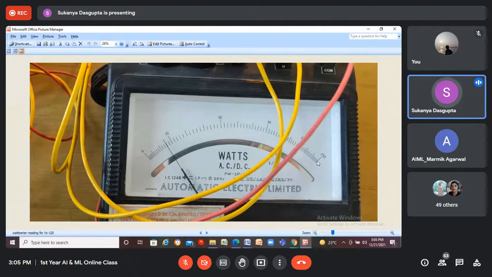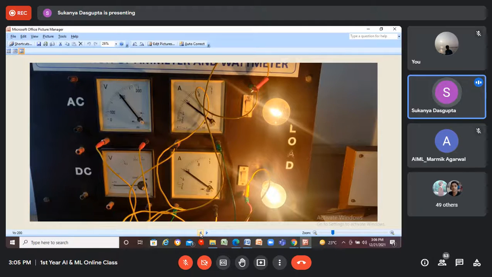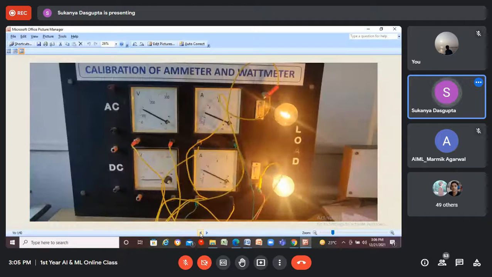Now look at the final value. It's 150. The range or the span of this scale. That means this wattmeter can show you maximum 150 wattage. But as I have shown, I have connected 300 volt and 1 ampere.